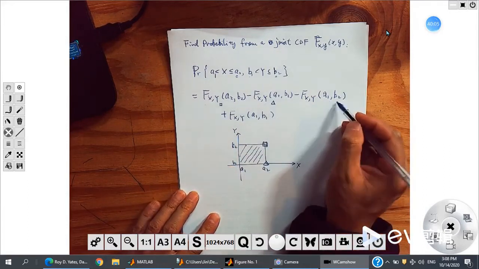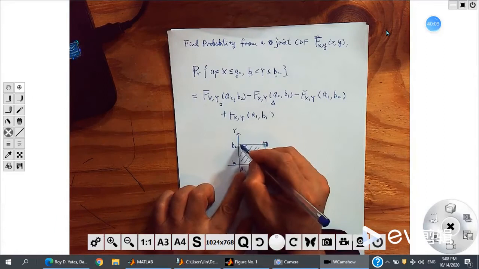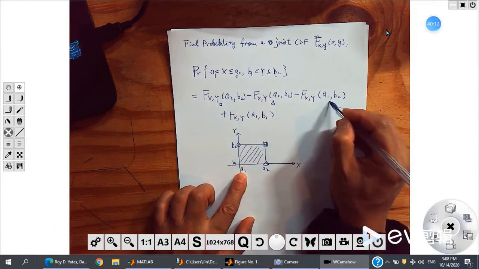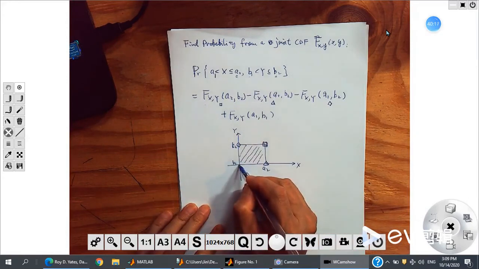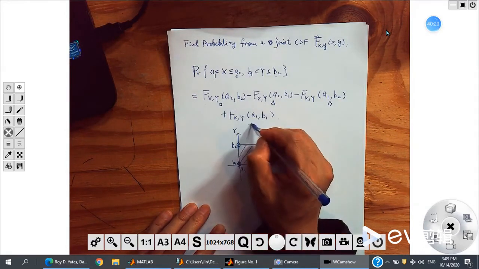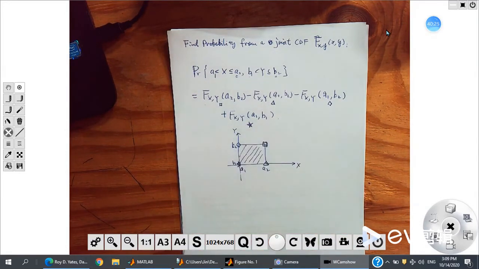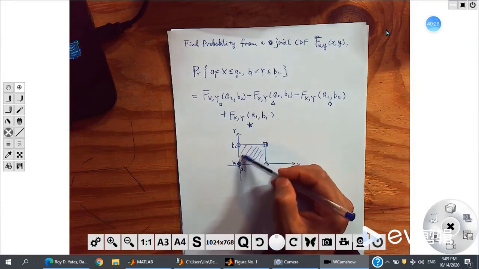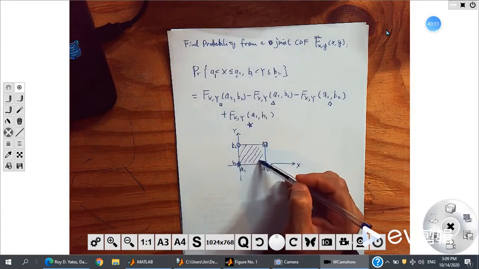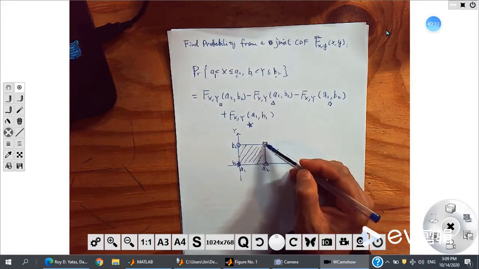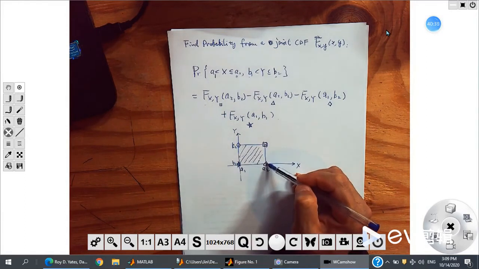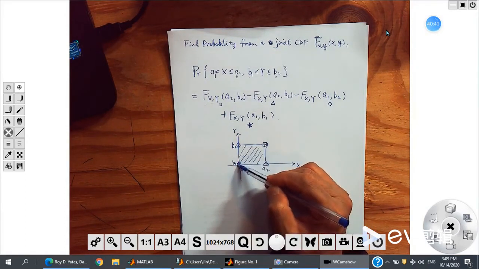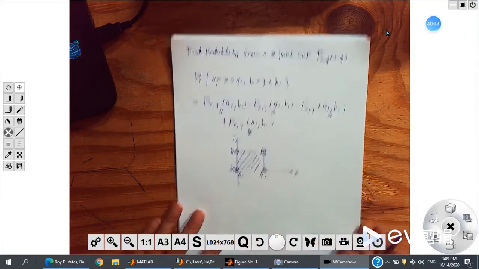And A1, B2 is this way. Here's a diamond, this point. And finally, we need to subtract these. I put a star here. So the whole probability of this event, this small rectangle, will be the CDF at this point minus the CDF at this point, minus the CDF at this point, and plus this point. Make sense?